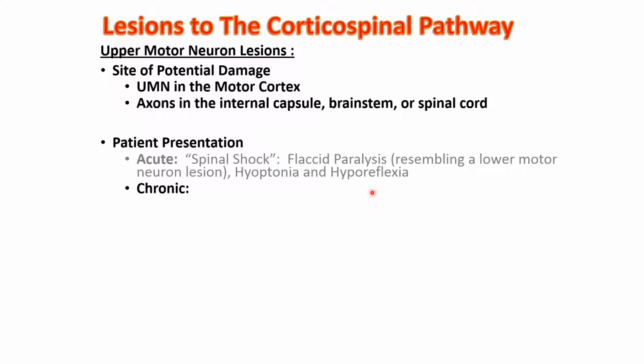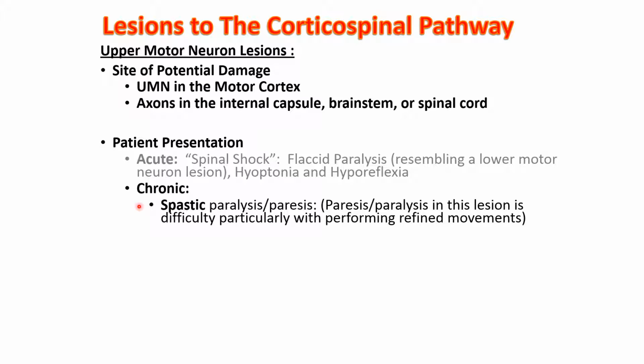Chronically, that is within days to weeks, we see spastic paralysis or paresis, different levels of weakness. That's the dramatic finding. And paralysis or paresis in this lesion is a difficulty in performing refined movements.